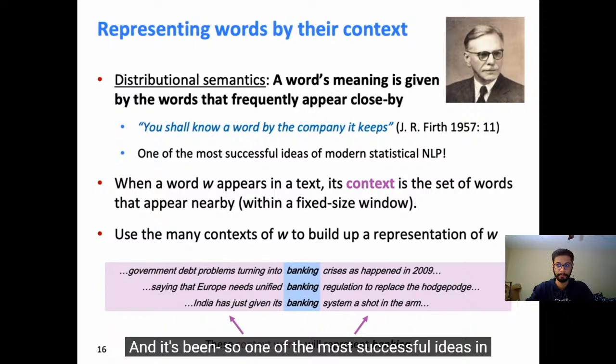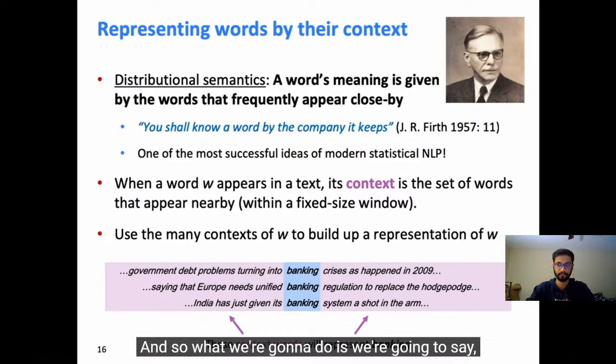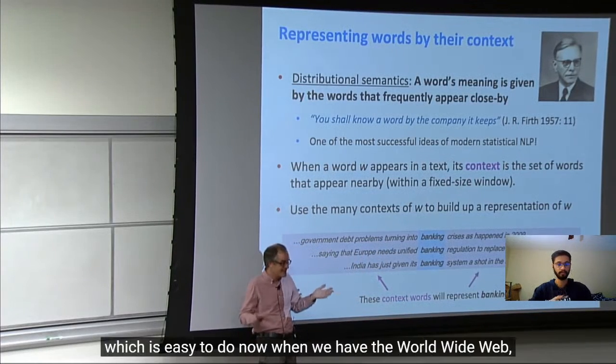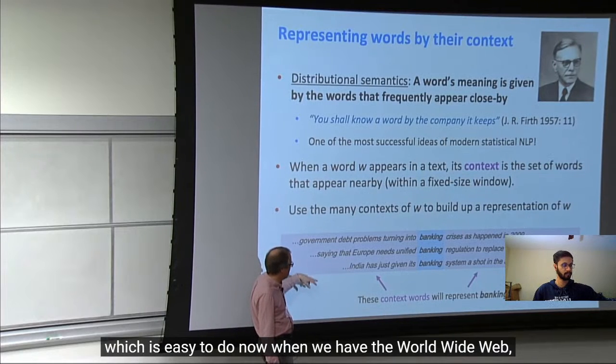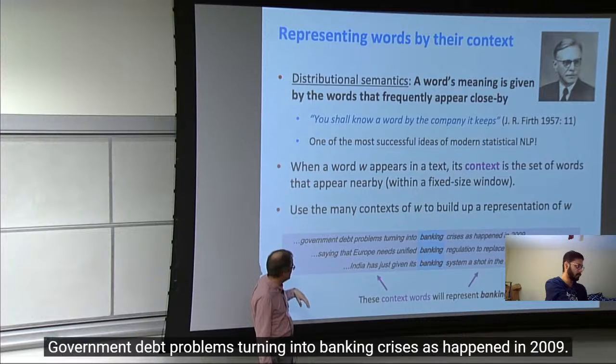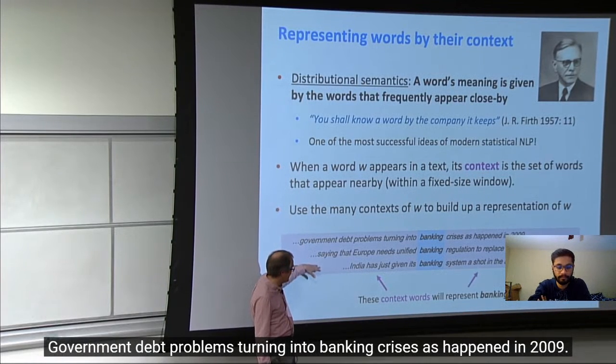And it's been one of the most successful ideas in modern statistical NLP because it gives you a great way to learn about word meaning. So what we're going to do is say, I want to know what the word banking means. So I'm going to grab a lot of text, which is easy to do now that we have the World Wide Web. I'll find lots of sentences where the word banking is used, like "government debt problems turning into banking crises, as happened in 2009."